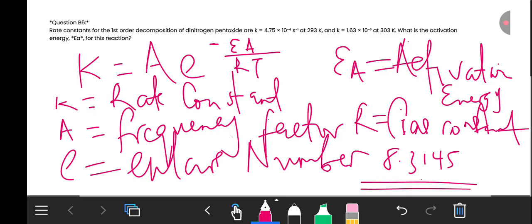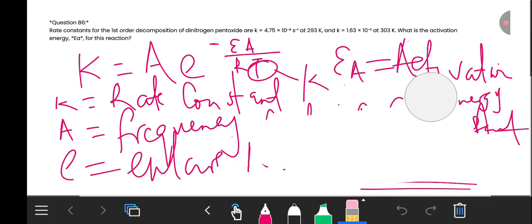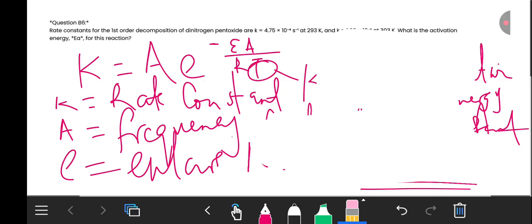No need to memorize it, it will be given. And T is just the temperature, and this temperature must be in Kelvin. So basically this is what we need to know.